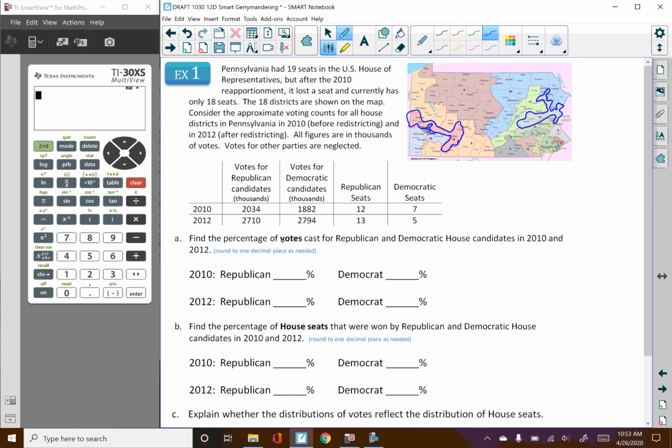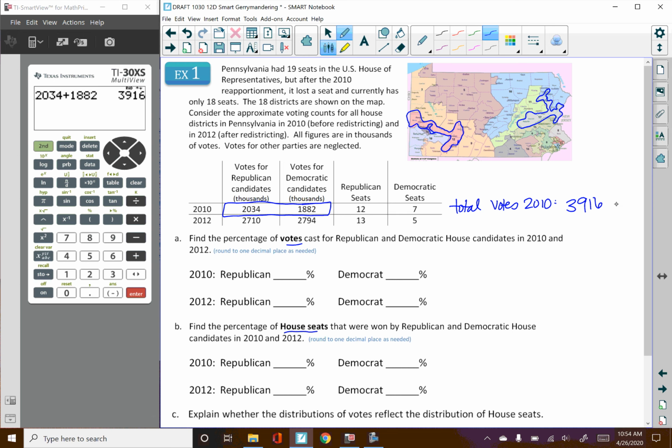So we're going to find the percentage of votes, and then we're going to find the percentage of House seats. So in 2010, we've got these votes right here. Our total number of votes is (2034 plus 1882), so we've got 3,916 votes in total.